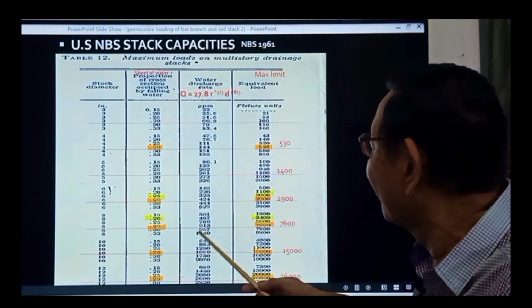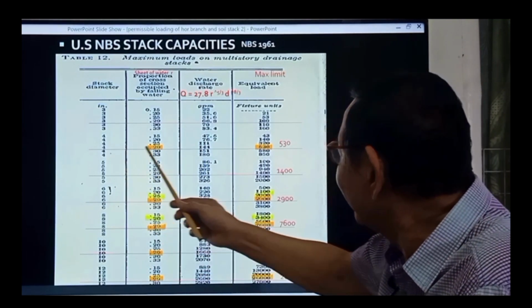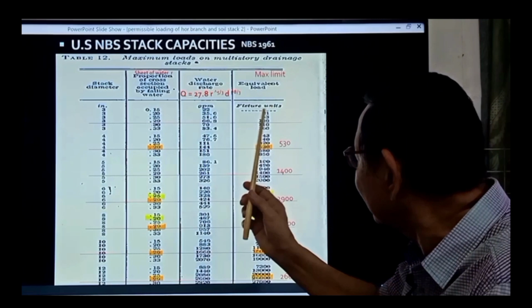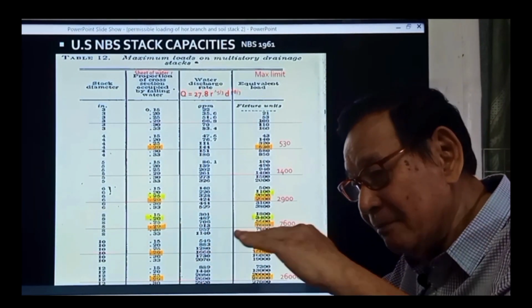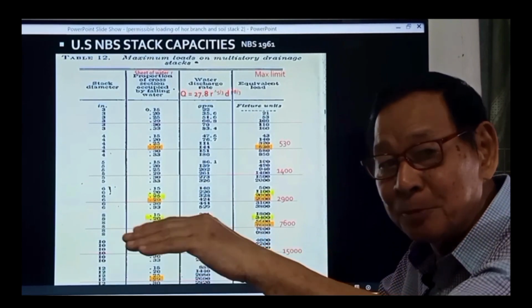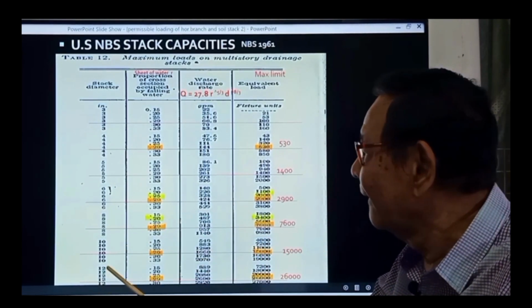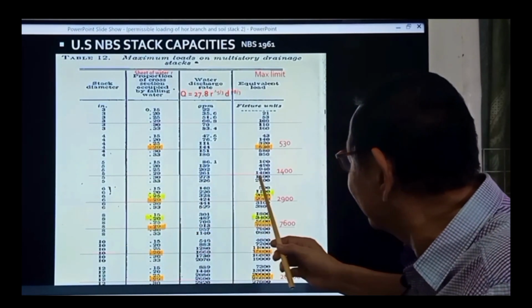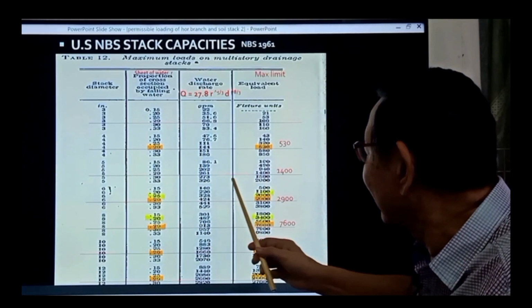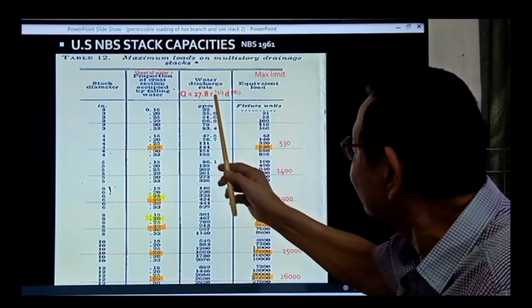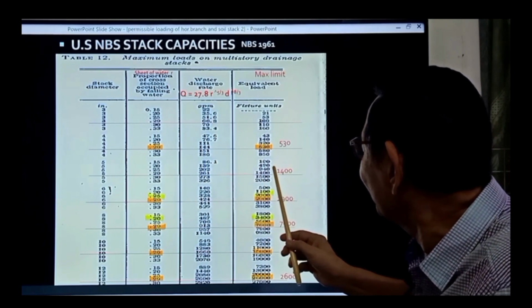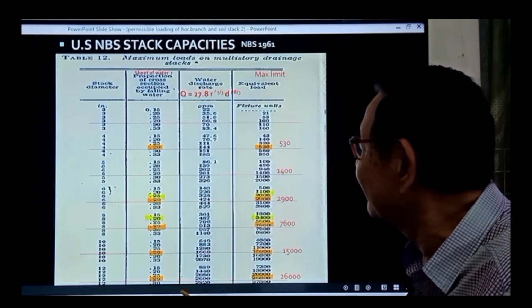Tingnan mo. Ang 4 inches is 530. Ginawa nilang 500. Okay lang yan. Maybe may discrepancy lang sa chord. Ang 5 inches, 1,400. Kung i-compute mo ito, galing dito, ang fixtures unit is 1,400.